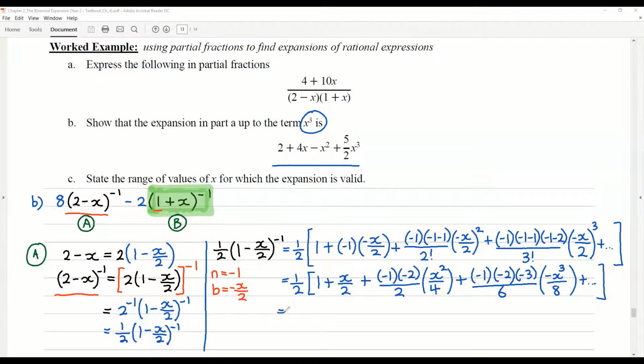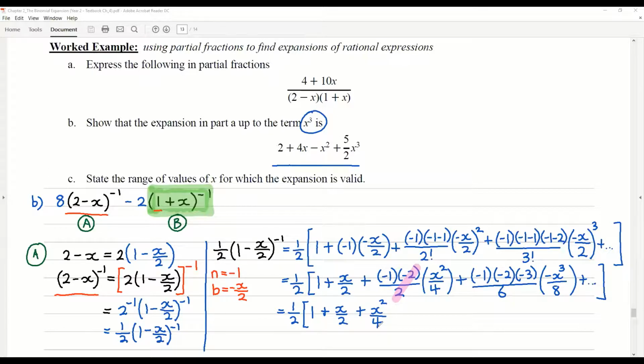So this is going to equal 1/2. Okay, then we have 1 add x over 2. Now we have lots of nice cancellation here. So we've got the 2's will cancel and the negatives will make a positive. So that's good. So it looks like we've got all cancel basically. So it's going to be add x squared over 4. So it looks like all these are going to be positive. And then on the final term, we have 4 negative signs.